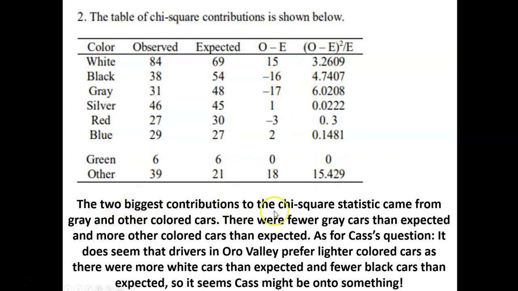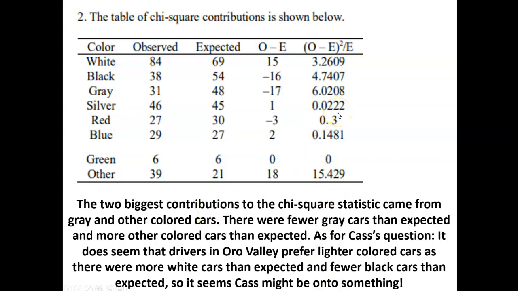So the two biggest contributions to the chi-square statistic came from gray and other colored cars. There were fewer gray cars than expected and more of these, quote, other colored cars. And you wonder what these other colors are, right? It does seem that drivers in Oro Valley prefer lighter colored cars, as there were more white cars than expected and fewer black cars. So I feel like she's onto something.